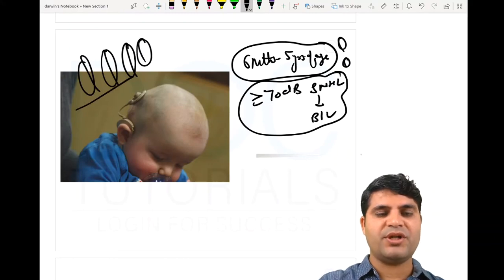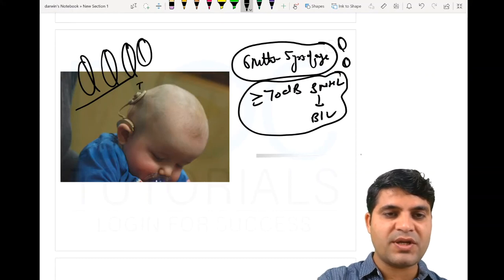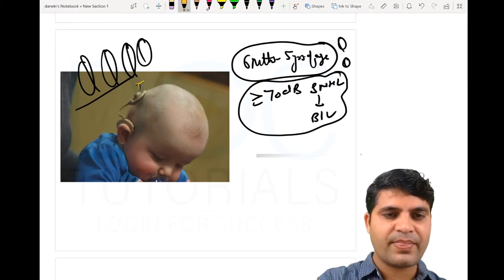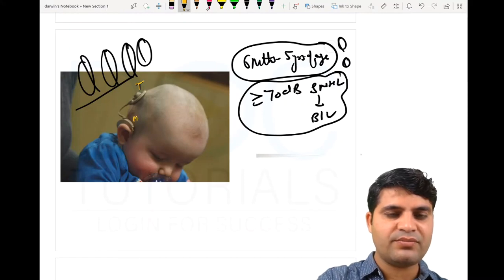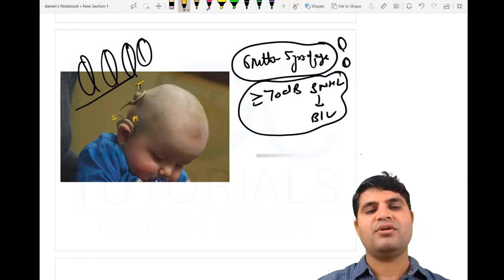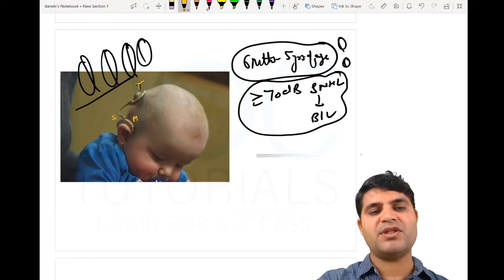Very important. So what is this? This is the external portion of the cochlear implant. This is the transmitter, you can see T for transmitter. This is microphone plus speech processor. Clear? So these are external components of the cochlear implant: transmitter, speech processor, microphone.